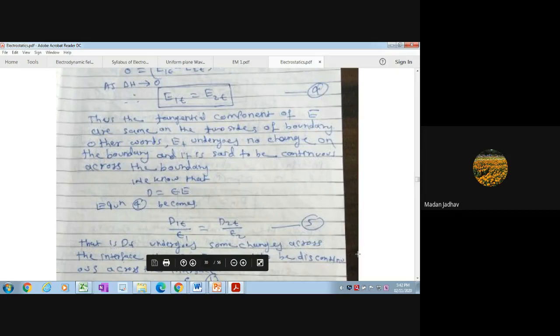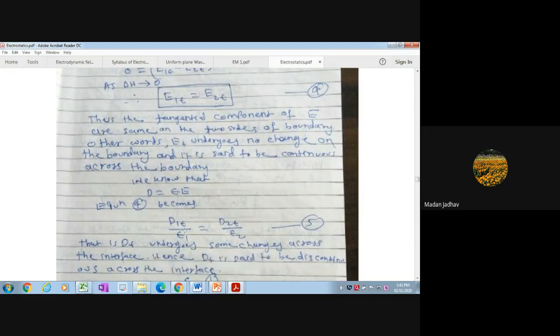Okay, now what is the meaning of this one? This is another boundary condition equation of the electric boundary condition, that is D1t divided by epsilon 1 is equal to D2t divided by epsilon 2. Now if you want to find the tangential component of electric flux density in the second medium, D2t, then you just have to multiply D1t by epsilon 2 by epsilon 1.